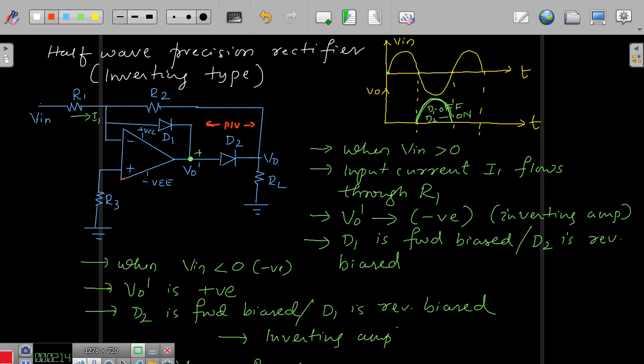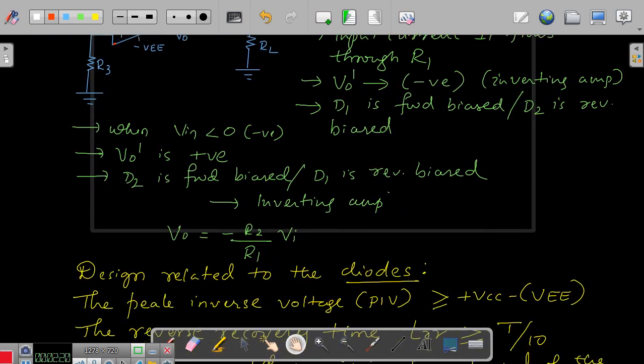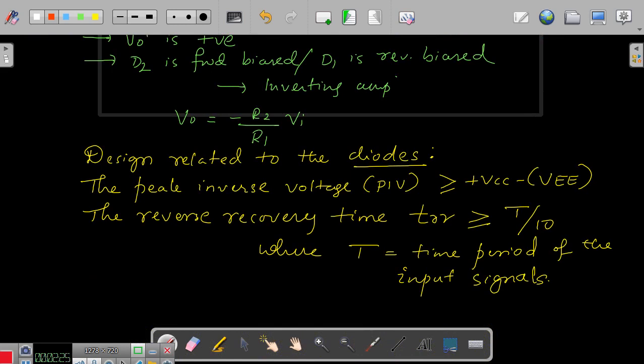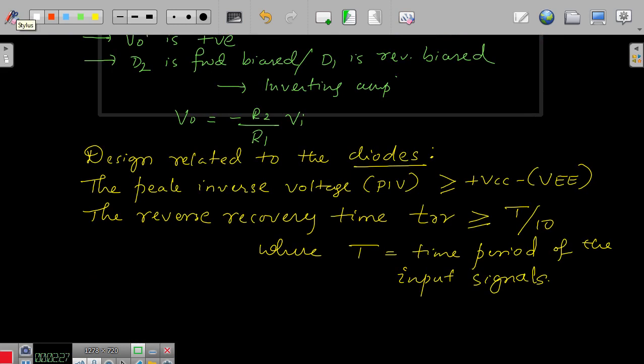Apart from that, we saw one more aspect, the reverse recovery time, TRR. It is the time required for the diode to go into the blocking state.